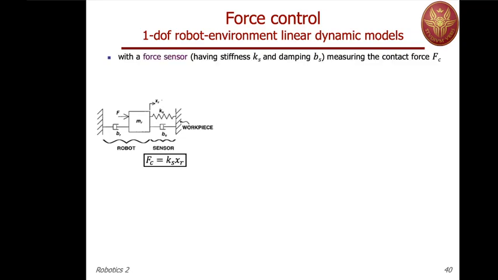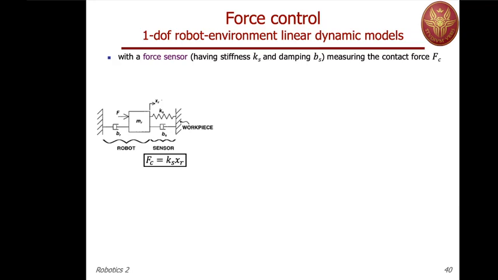Now suppose that you have a rigid workpiece, so the environment is fixed in a certain position and does not undergo any deformation, but you have a compliant sensor. In fact, the sensor is always a bit compliant in order to measure forces. You can also include some damping in the compression of the sensor.